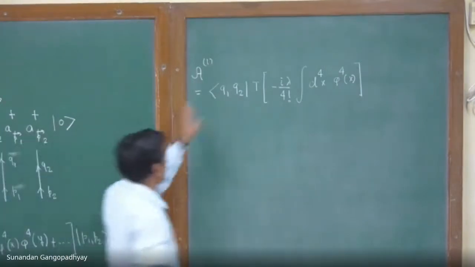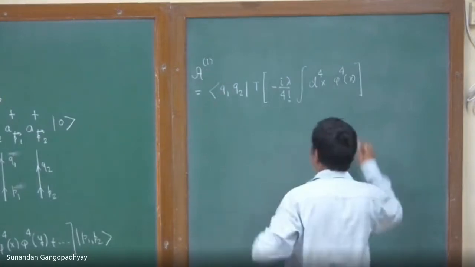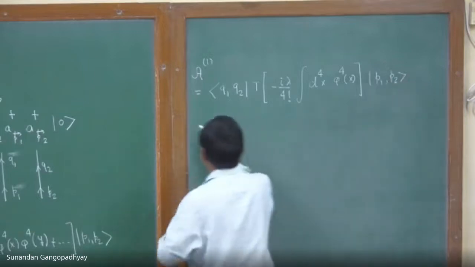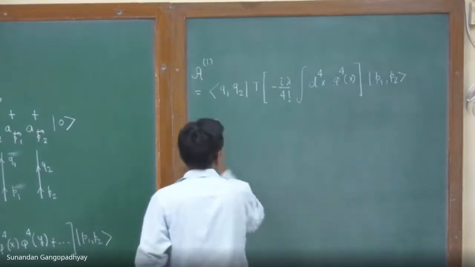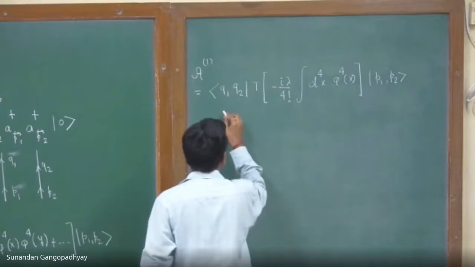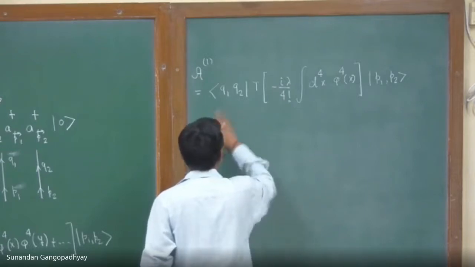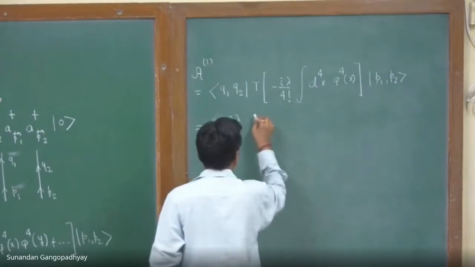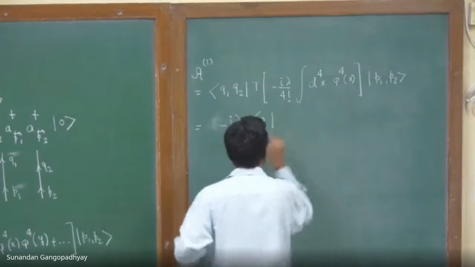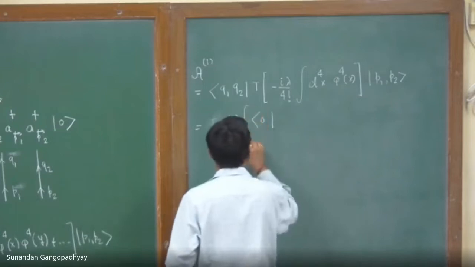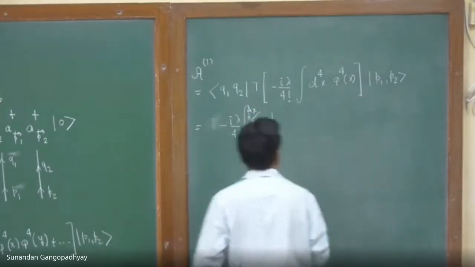So we write this as A1. And then we have P1, P2. And once again you can write this as the time ordered product of... Okay, so you can do the following thing: minus i lambda by 4 factorial, vacuum, and also put the integral outside, d^4x.